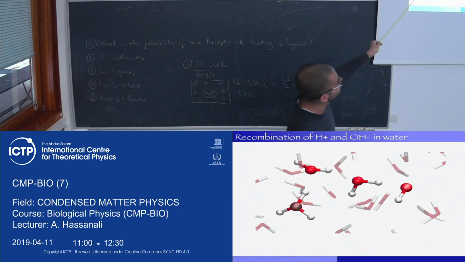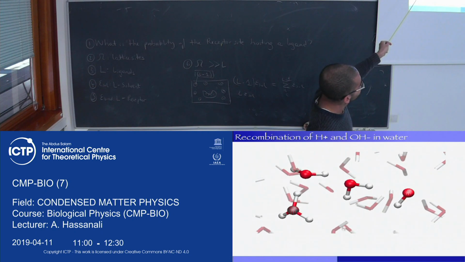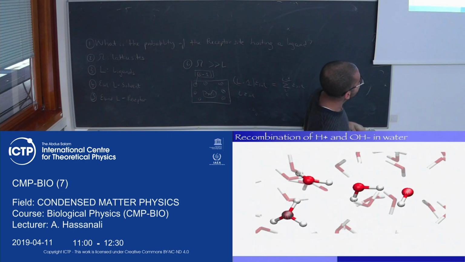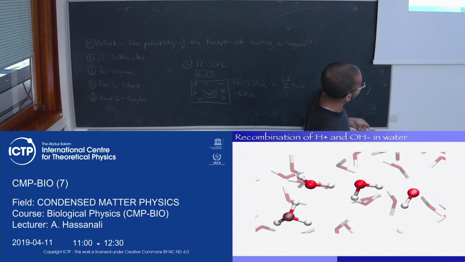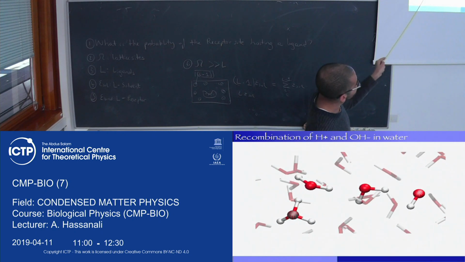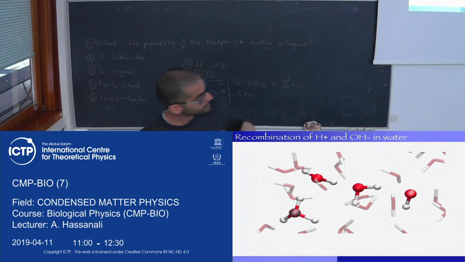You just saw here, for example, that the proton, see, it forms a covalent bond, comes back, forms a covalent bond, comes back. And now something interesting is going to happen.